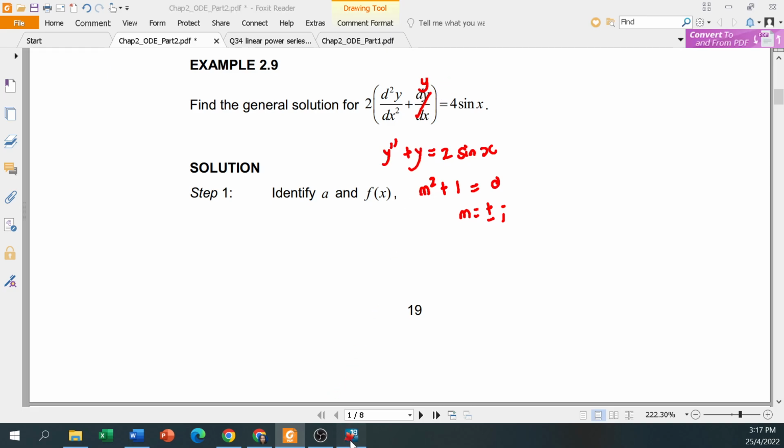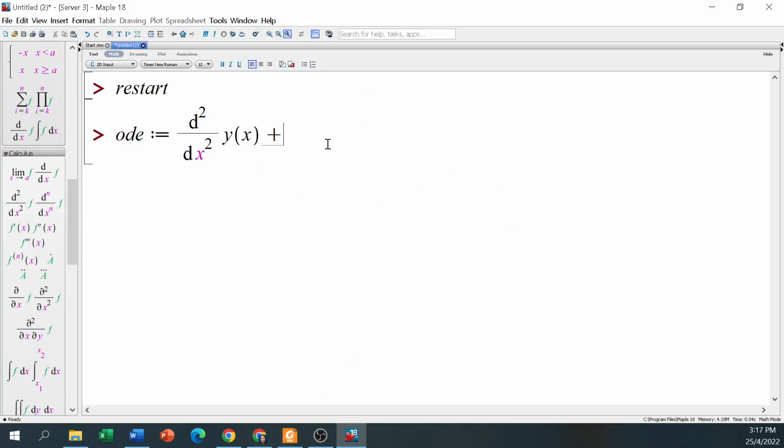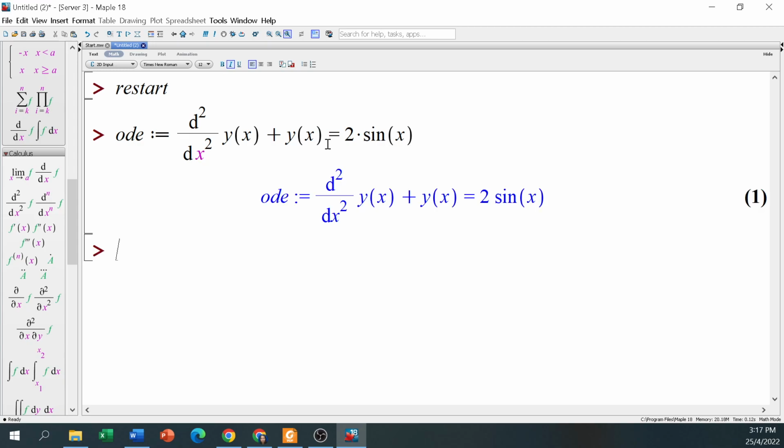This one changes to y, so plus y(x) equals 2 times sin x. Then you can call dsolve, the differential solve, meaning solve the ODE for y(x).